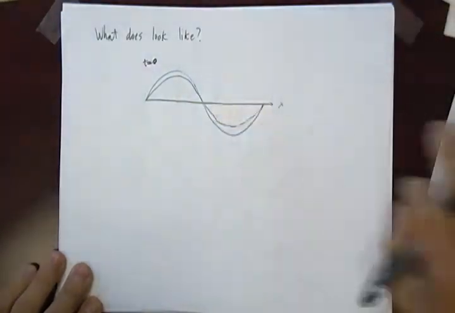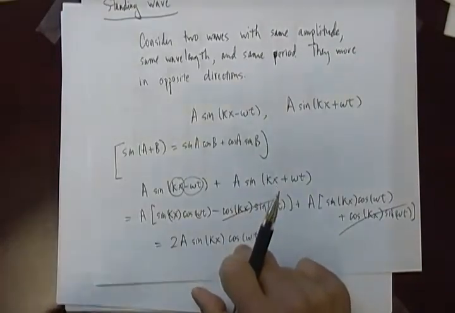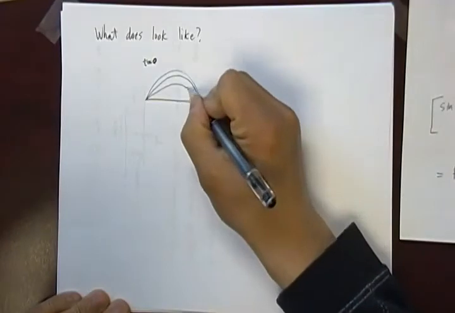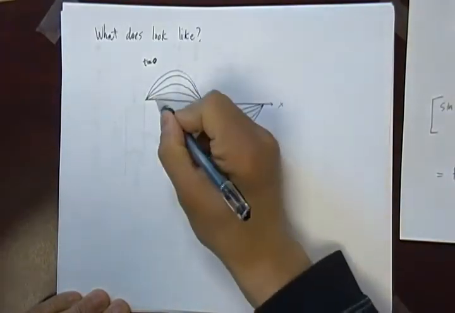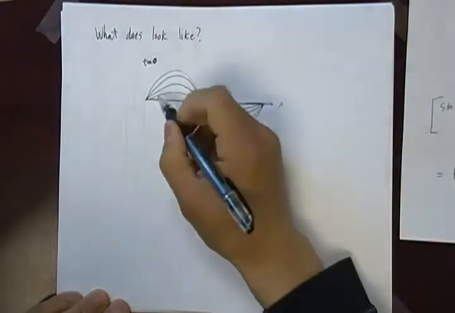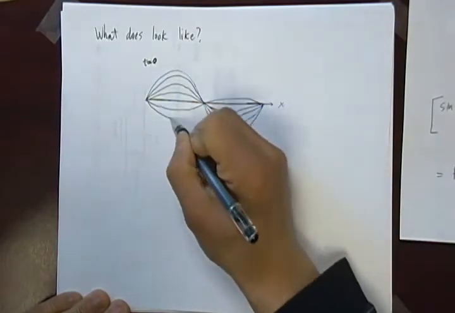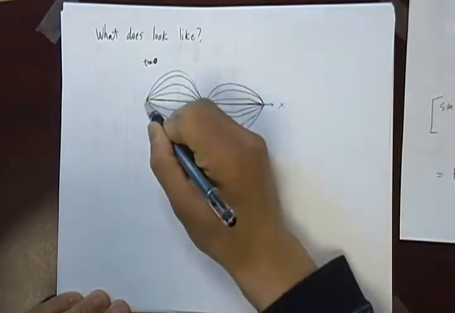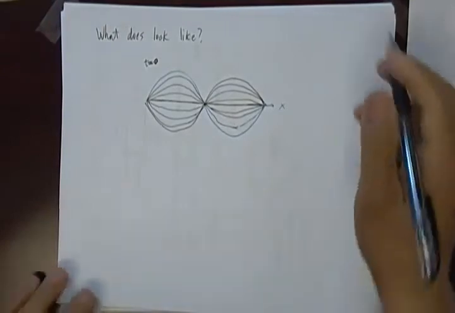Then you let time propagate a little further, and the cosine will be some number even smaller than the previous one, so it will look something like this. Eventually, at some point the cosine of omega t is 0 and it's flat, and then the cosine of omega t will be negative at some point, and it'll do this. So as a function of time, it's developing this way. This is what we call a standing wave.